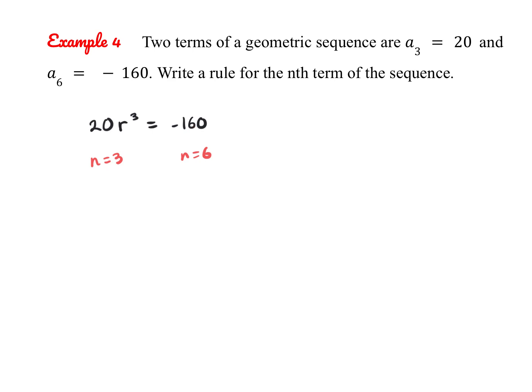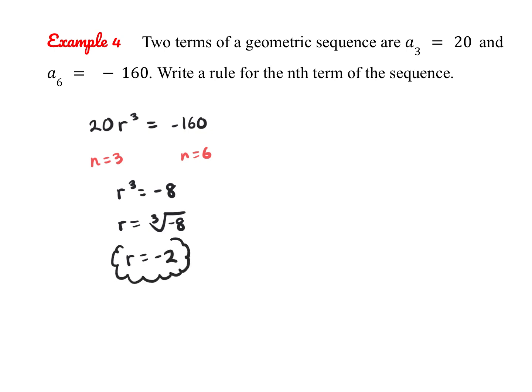Again, because if I want to go from the third term to the sixth term, I need to multiply r 3 times to get there. And then this is just an equation that I can solve. So I can divide both sides by 20, and I get r cubed equals negative 8, and then I can take the cube root of both sides, and I get that r is negative 2.